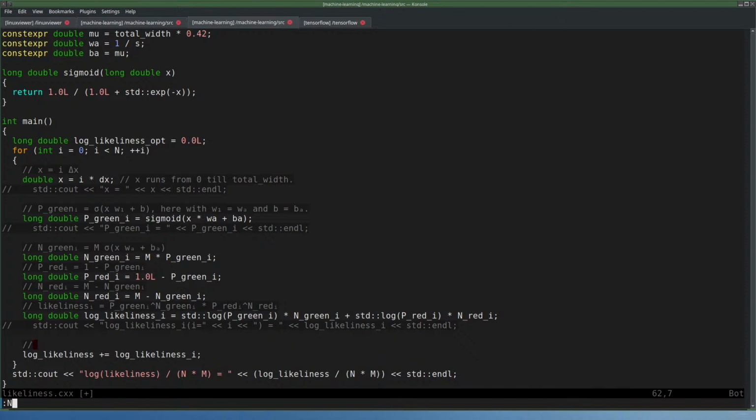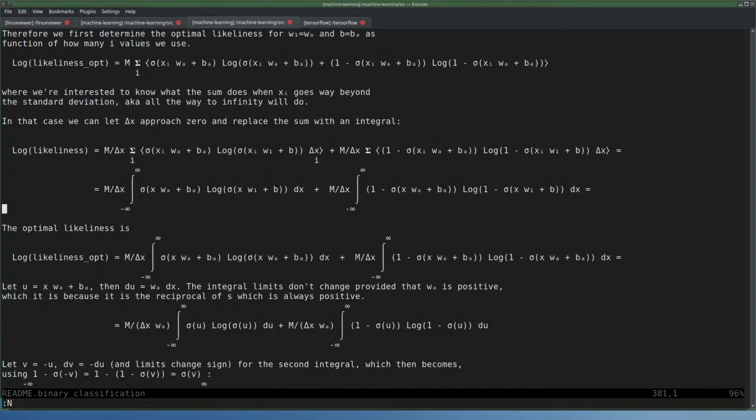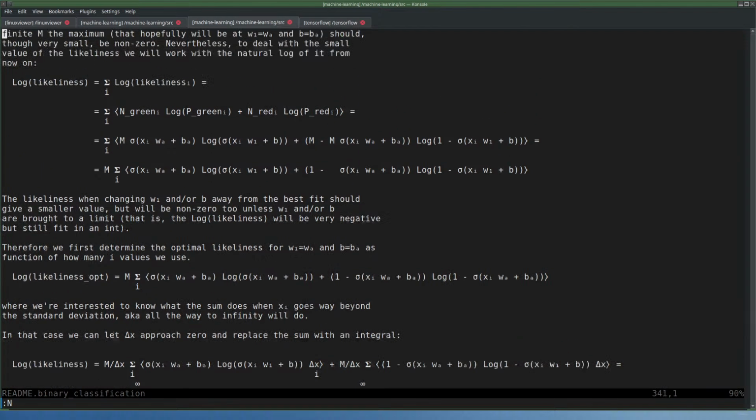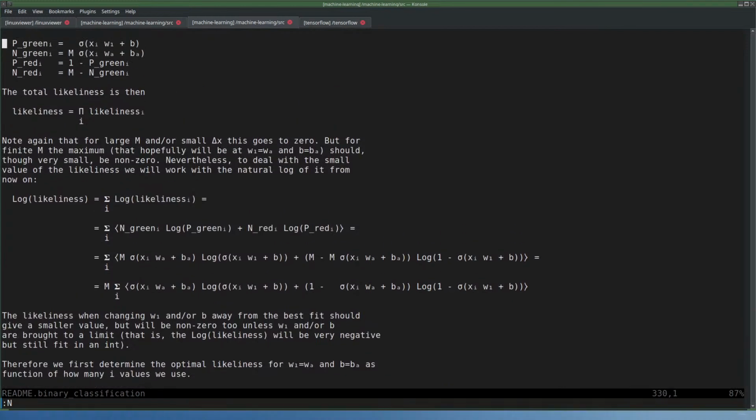The log likeliness. Yeah. I guess that one.